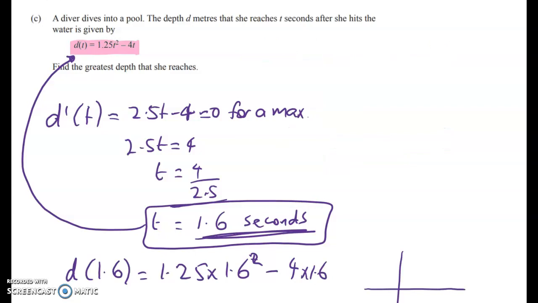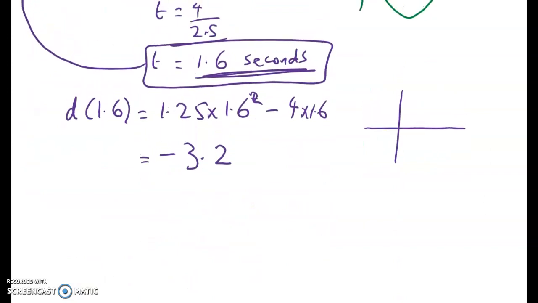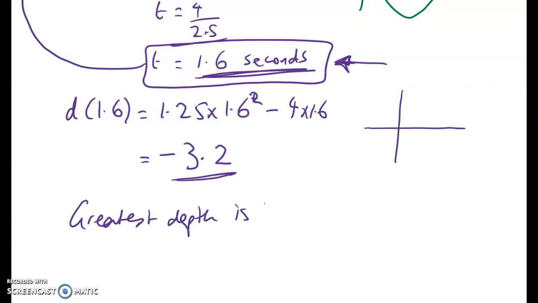I was thinking we were thinking about a ball being thrown in the air. We're talking about someone diving, so it goes like that. It's an up the right way parabola. Sorry about that. Okay, so the time when the greatest depth occurs is 1.6, and the depth is 3.2 meters. So the greatest depth is 3.2 meters.